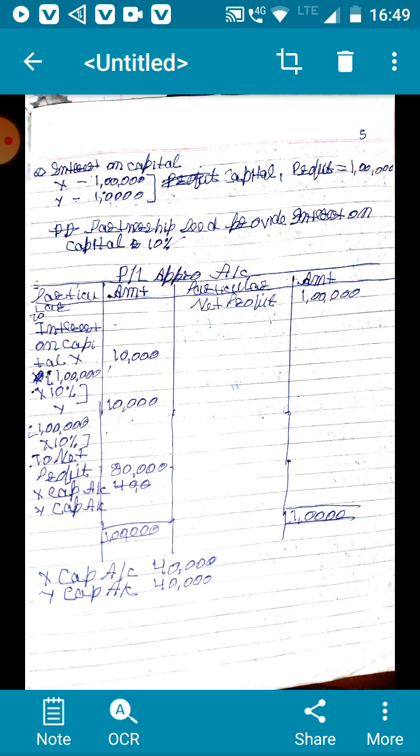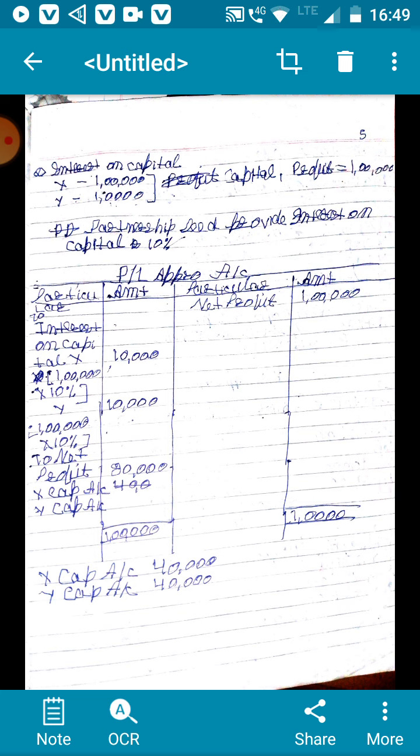X has capital of 1 lakh and Y has capital of 1 lakh. The profit of the firm is 1 lakh. The partnership deed provides interest on capital at the rate of 10%.